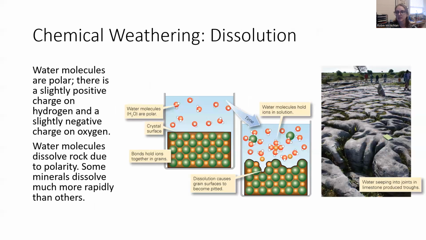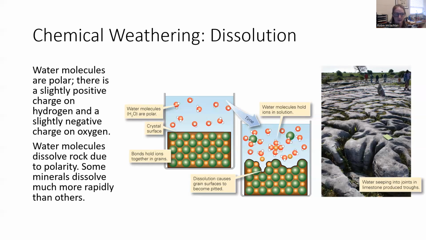So dissolution is one of the chemical weathering processes that happens faster when there is carbonic acid in the water. Dissolution occurs when water molecules physically and chemically cause the rock to dissolve. The water molecules are tearing apart those bonds, breaking the bonds of the rock, and causing those ions that used to be a part of the rock to float off into the water, right?